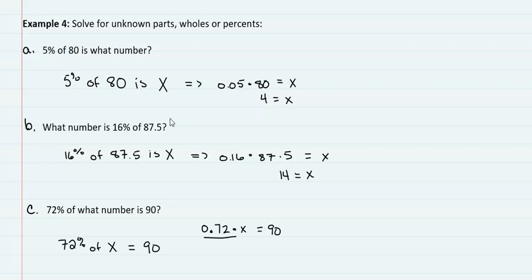Now to solve this, we're going to have to divide both sides by 0.72. Put that in your calculator. 0.72 divides out and leaves x by itself. 90 divided by 0.72 is 125. So 72% of 125 is 90. Go back and double check and make sure it makes sense.